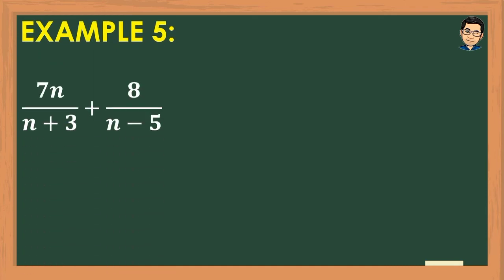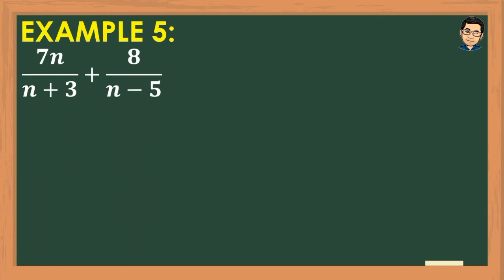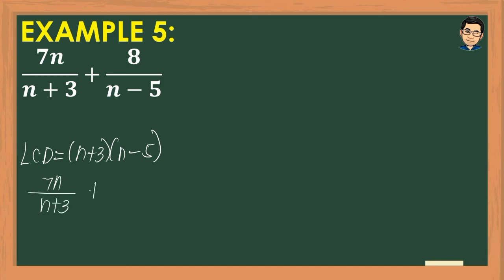Example number 5, 7n all over n plus 3 plus 8 all over n minus 5. So, yung LCD, n plus 3, tsaka n minus 5. Okay. So, ang gagawin natin dito is yung butterfly method. So, i-rewrite lang natin. So, 7n over n plus 3 plus 8 all over n minus 5.